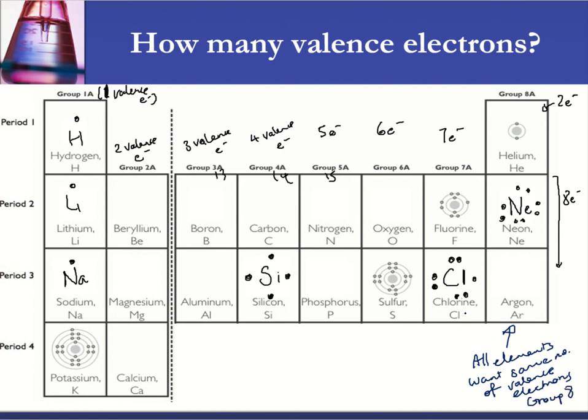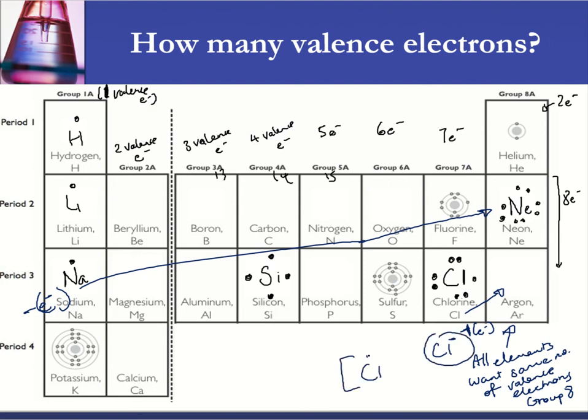So here we see with chlorine, it wants an additional 1 electron to get there. For sodium, it's a lot easier for it to lose that 1 electron and then have the same configuration as neon here. If chlorine does gain an additional electron, then it will make itself into a chloride ion. And then in that case, we can just simply show it like so.